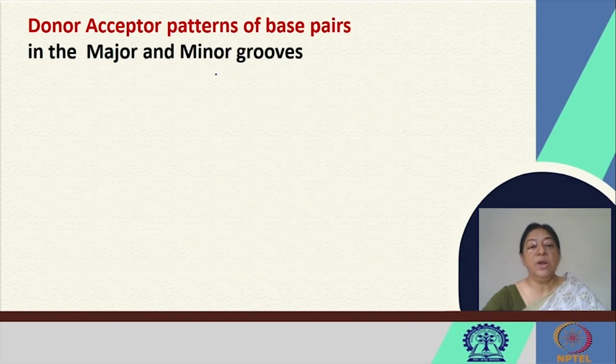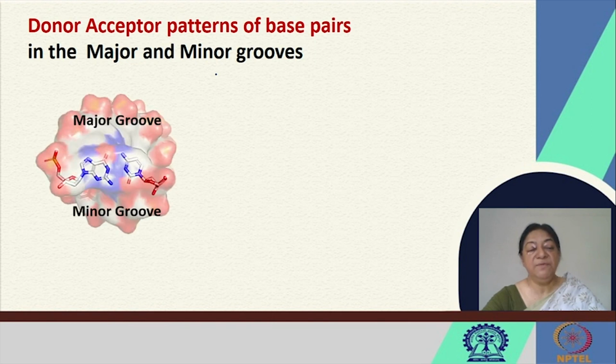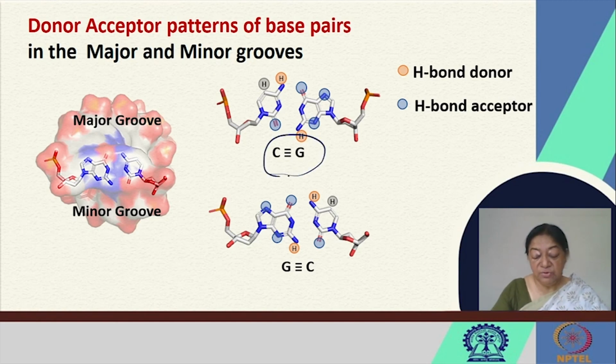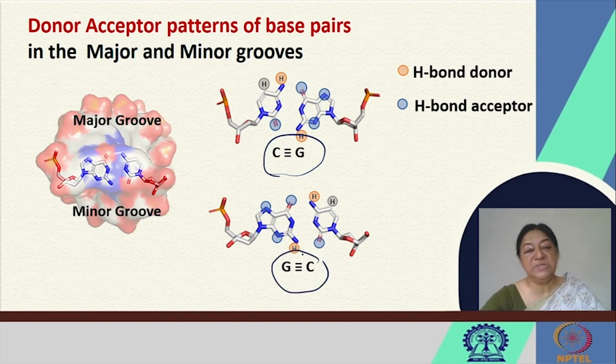If we look at the donor-acceptor patterns of the base pairs in the major and the minor grooves in this case, we have the specific orientation of the bases where we can have hydrogen bond donors and hydrogen bond acceptors in the formation of the three hydrogen bonds that are seen between these two specific nitrogenous bases, the cytosine and the guanine.